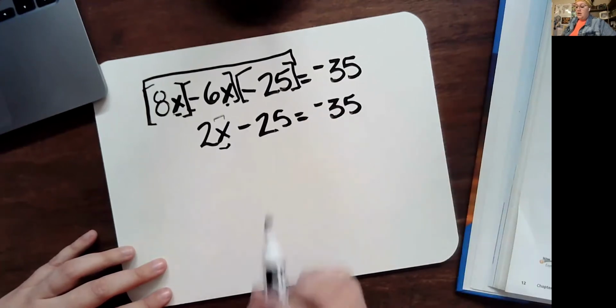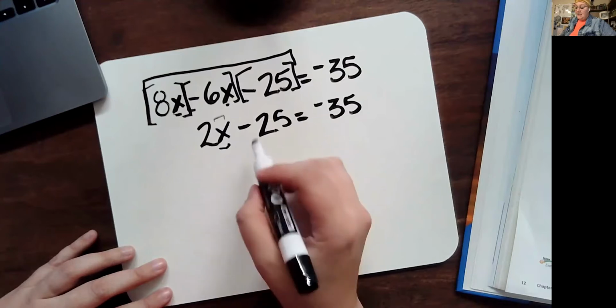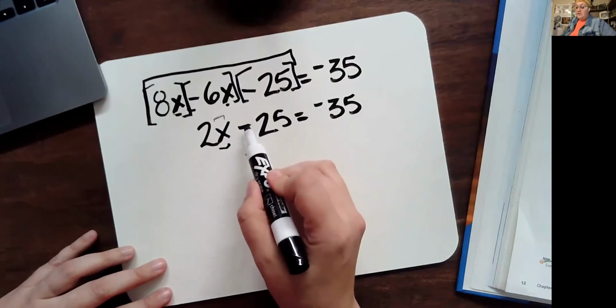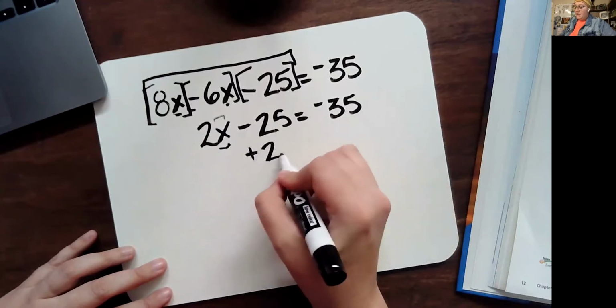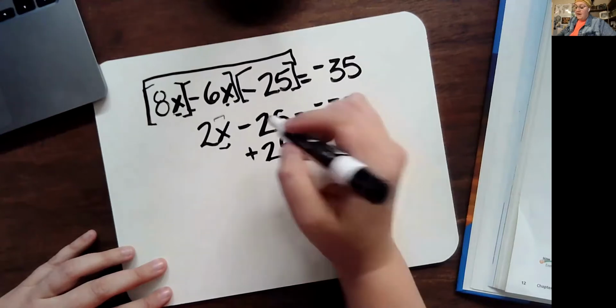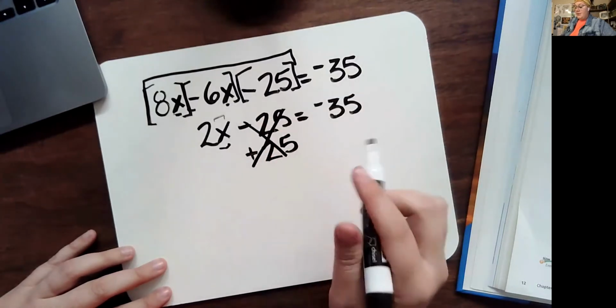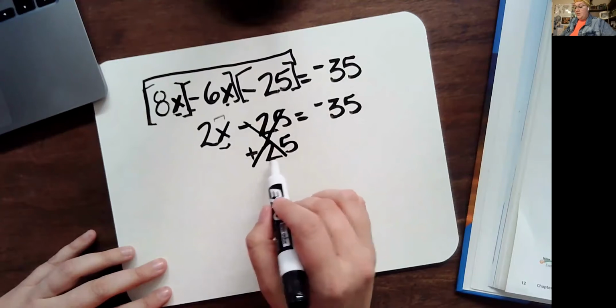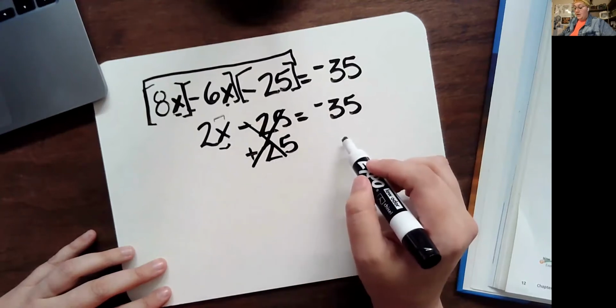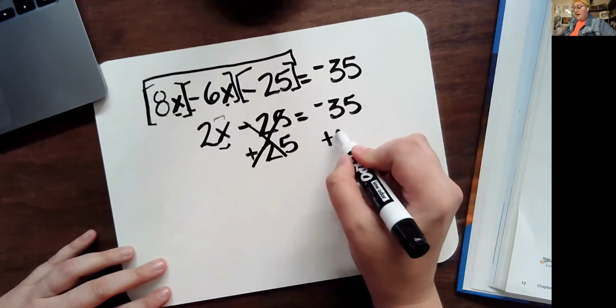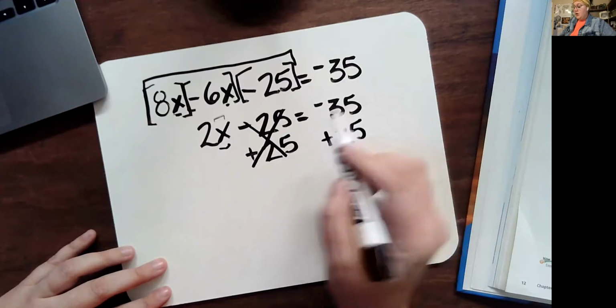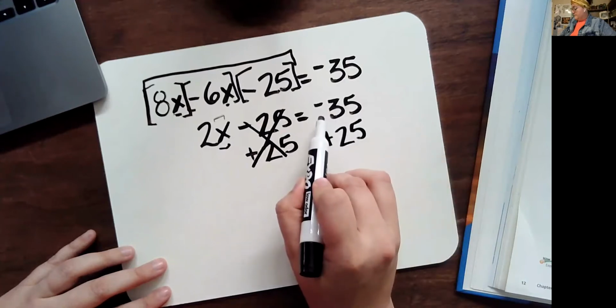The inverse operation of subtraction is addition, so we're going to add 25 to totally cancel it out on this side. But since we did it on this side of the equal sign, we also have to do it over here. So we're going to add 25 to our negative 35.